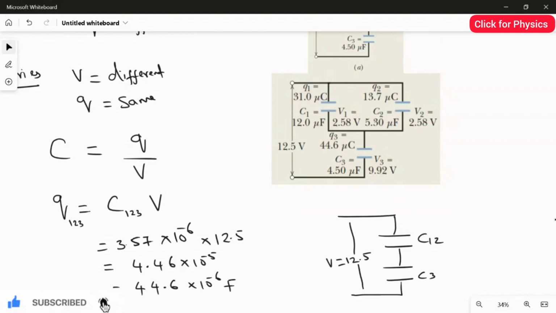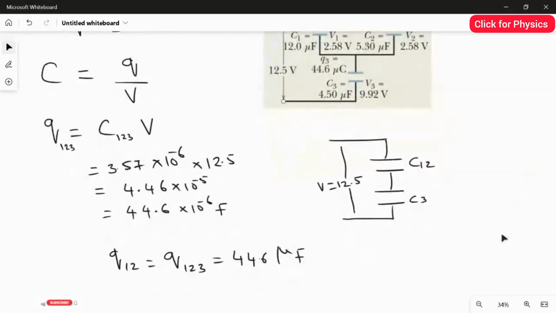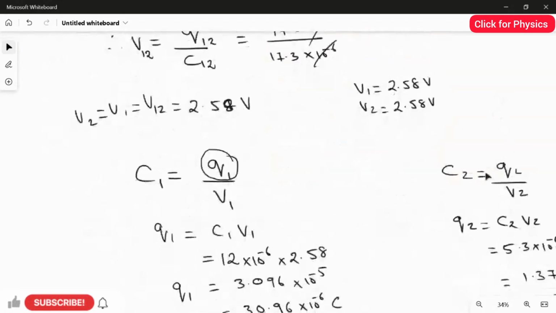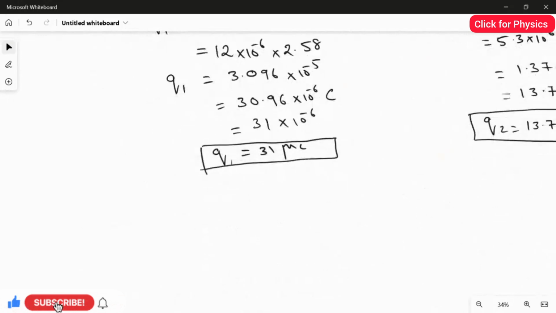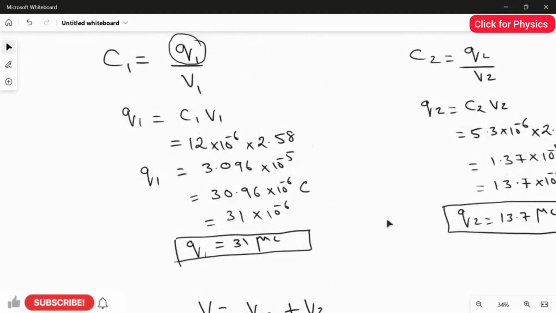Am I right? So now we have to find the value of V3. For getting this V3, the total potential is equal to V12 plus V3. So I just apply this rule for this diagram.